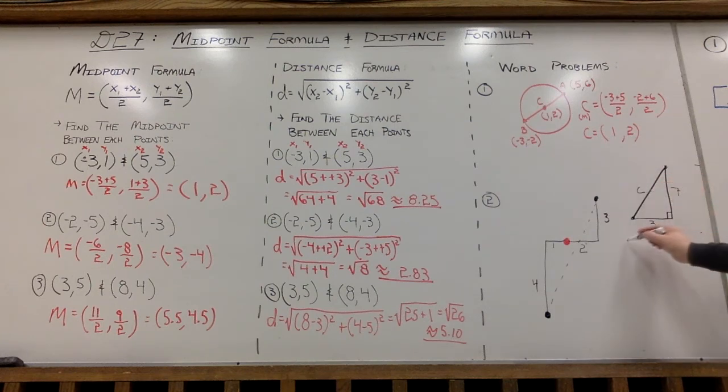So then you could go 3 squared plus 7 squared equals c squared. 3 squared is 9, 7 squared, 49. That'll equal c squared. 58 will equal c squared. Square root both sides, and then square root of 58, we can round that to the nearest hundredth again. So that will be about 7.62 miles.